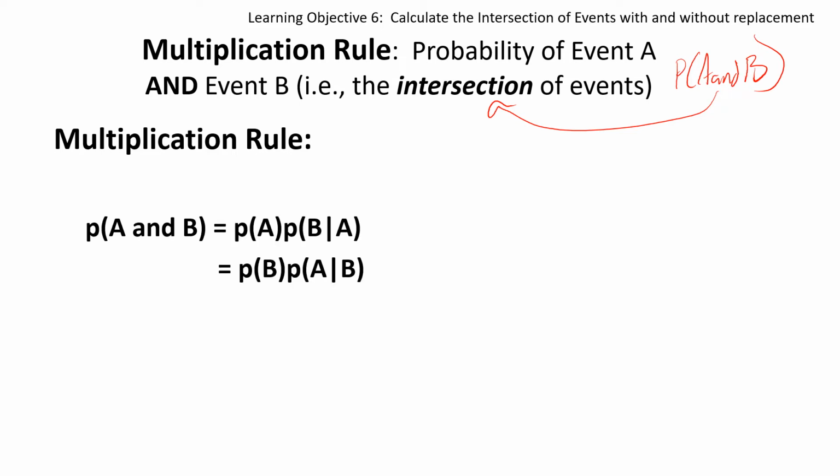So the multiplication rule for this is going to be the probability of A and B equal to the probability of A times the probability of B given A. And it will also be equal to the probability of B times the probability of A given B. It's a little bit more difficult than just getting our joint probability, because we have to have a simple probability and we have to have a conditional probability.